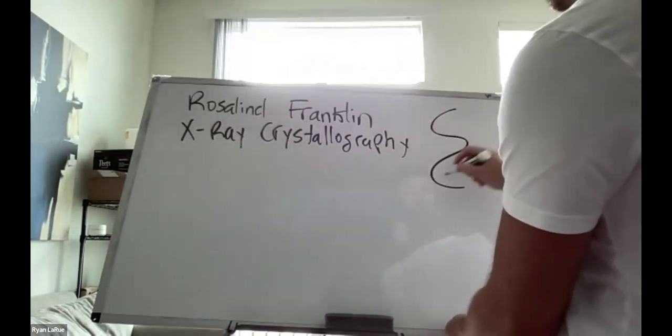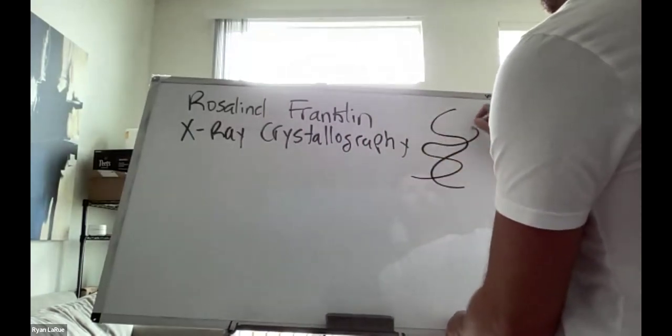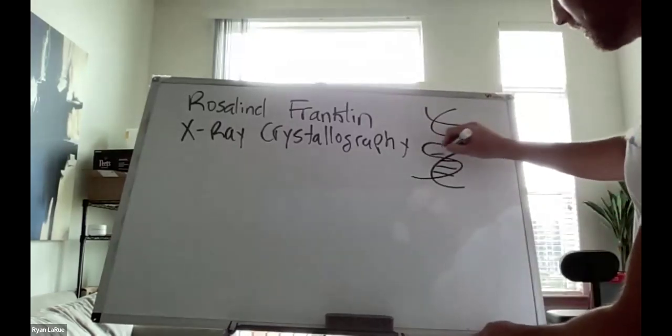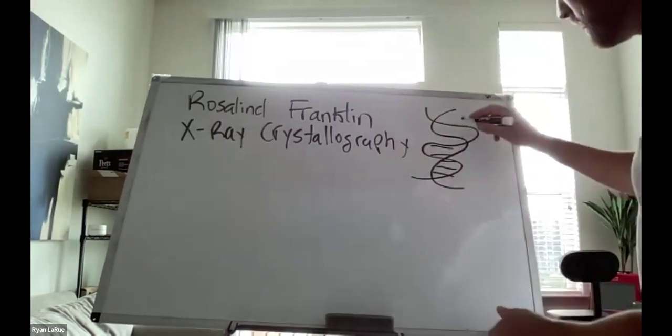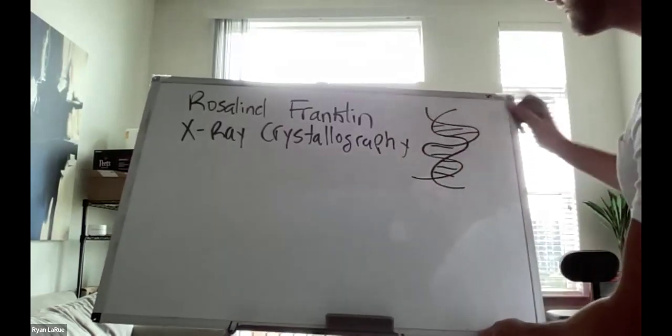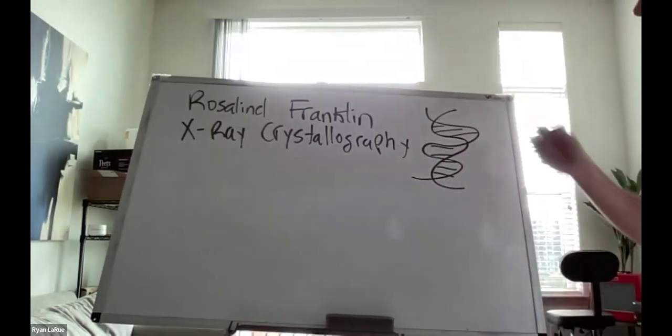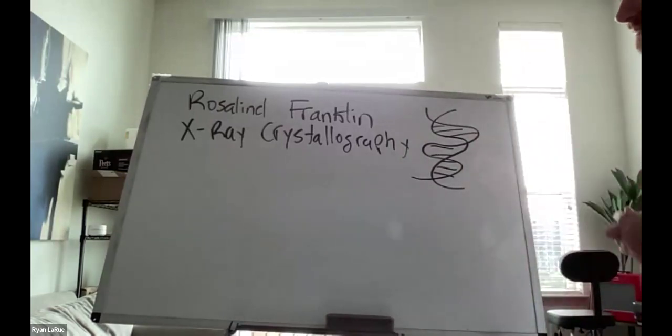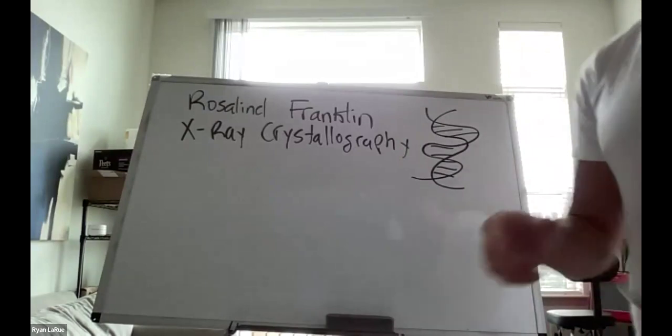So if you do that, it kind of looks like this, right? With the rungs of the ladder connecting in between. And so it was a top-down view, which would look like an X.